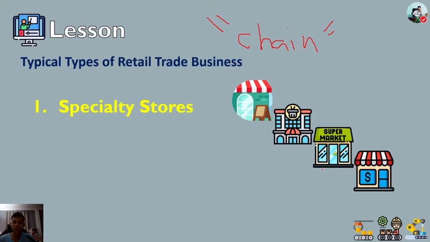The stores that are part of a chain may all be owned by a single company, but in other cases, the individual stores may be franchises that are independently owned by a small business person. There are many different types of retail establishments as noted above.